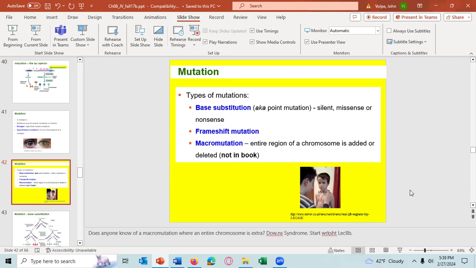All right, there's also a frame shift mutation, and that is different than a base substitution. A frame shift mutation adds or subtracts a nucleotide from the DNA.